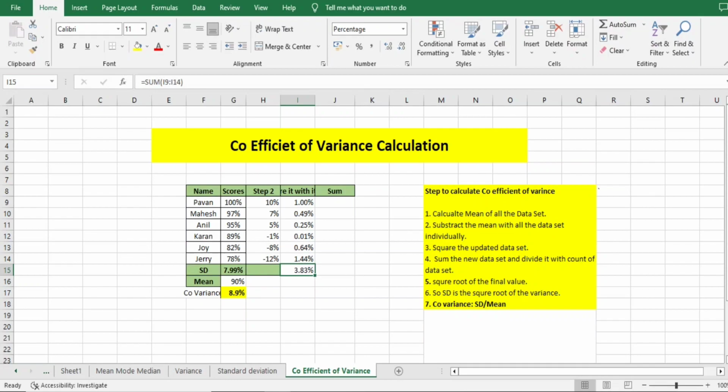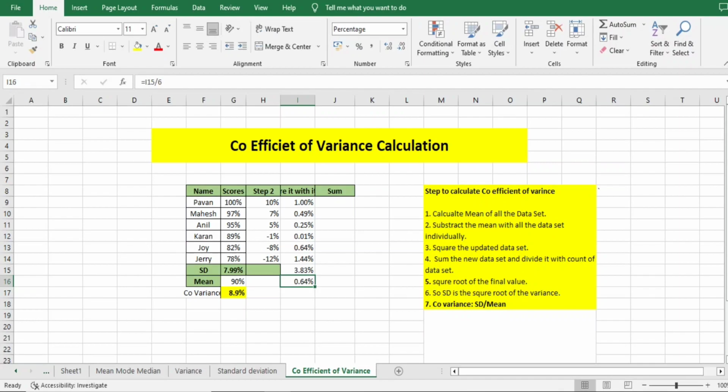Now what is the next step? Post doing the sum, you need to divide it by the count of the data set. How many data points do we have? 1, 2, 3, 4, 5, 6, we have 6 employee names. So I will divide by 6. I get a certain number. This is actually the variance, guys. If you don't know, you can also check out the video.